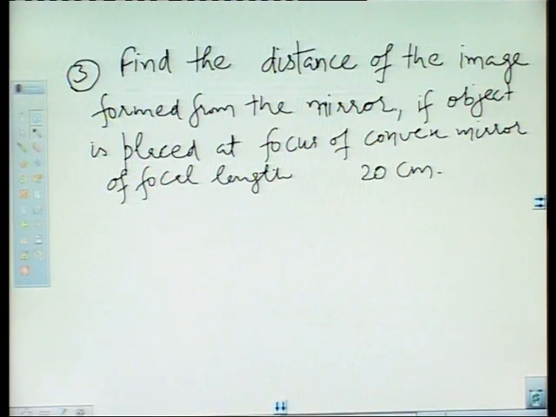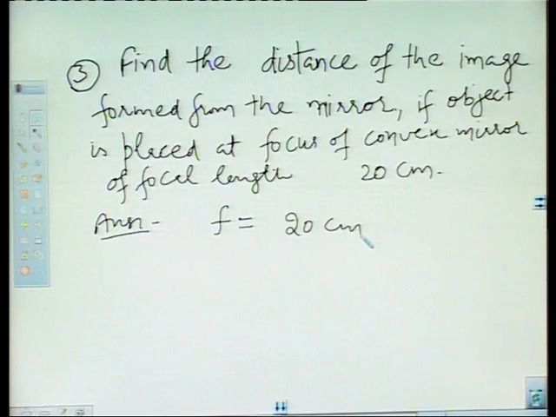Now in this case we are given a convex mirror whose focal length is always taken as positive and it is equal to 20 centimeter.